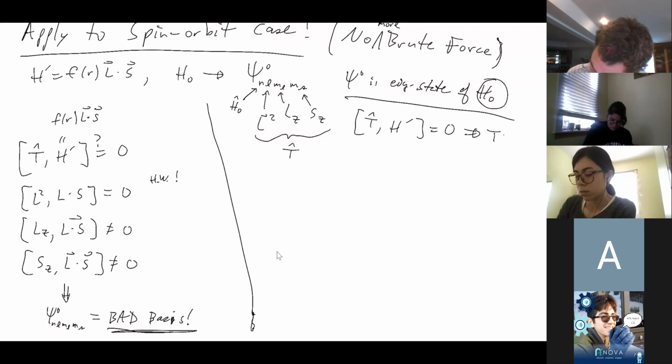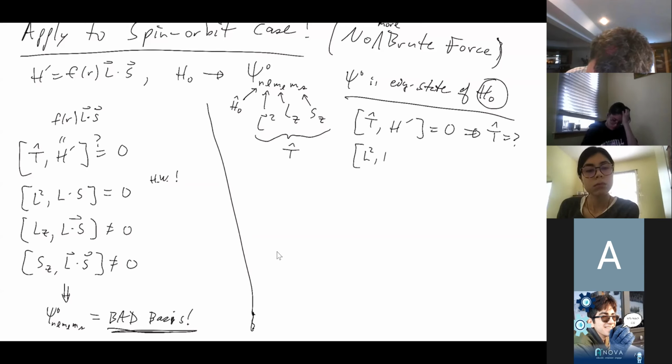What is T? Well, we already know that L squared commutes with L dot S, where H prime is L dot S. So L squared is good. But we know that the LZ and the SZ are bad.